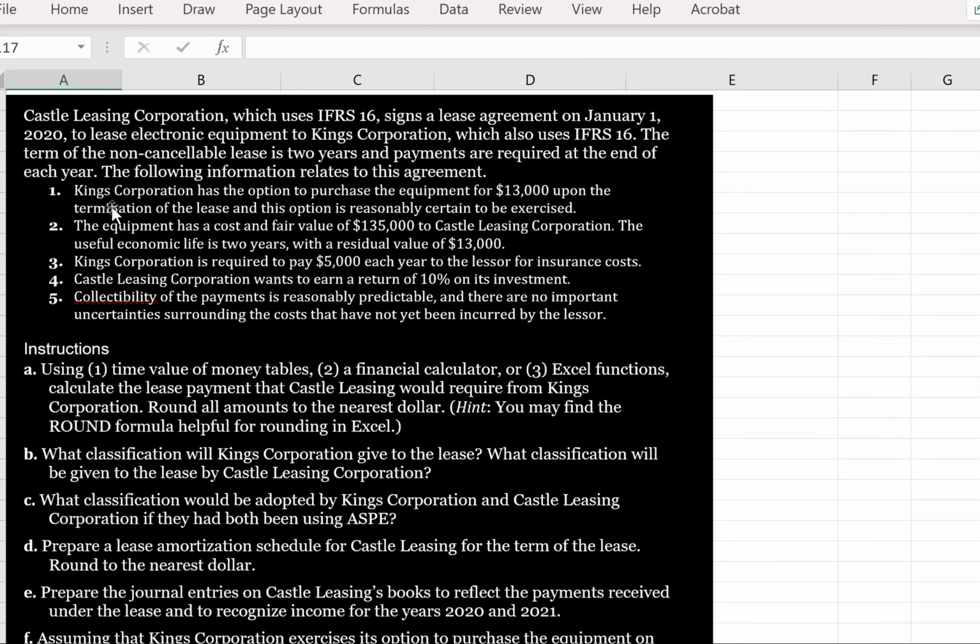And then when we did our journal entries, we didn't receive our lease payment on January 1st, like we often do. We needed to record the lease payment and the earning of interest income at December 31st. So really good question where it's important to watch for periods and make sure we really understand what it means when payments are due at the beginning of the period versus the end of the period, both for the calculations and also for the timing of the journal entries.